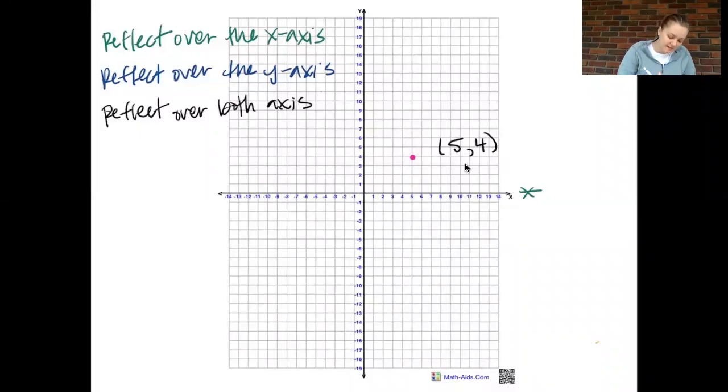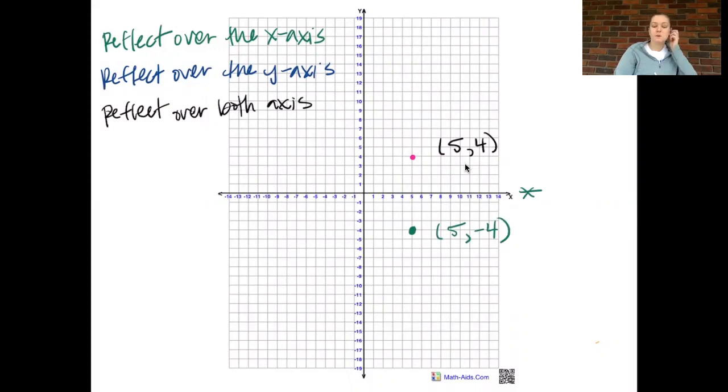If I take a look, I see that it is 1, 2, 3, 4 units away from the x-axis. So its image also needs to be 1, 2, 3, 4 units away. Right? So that would be its reflection.